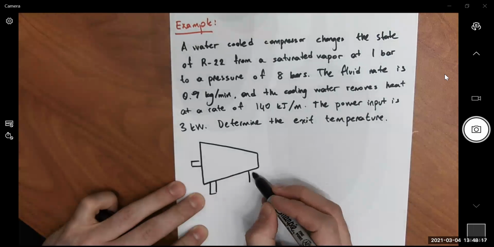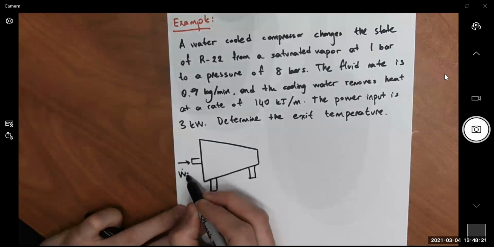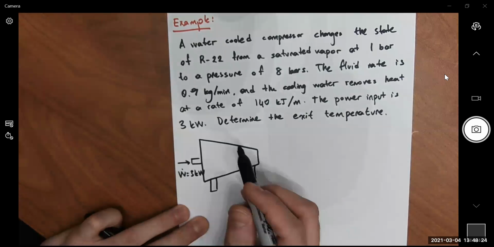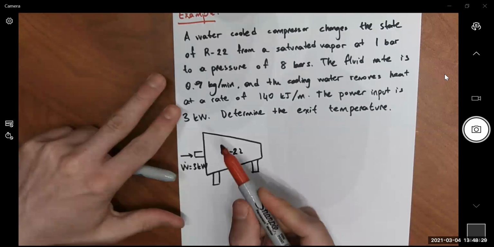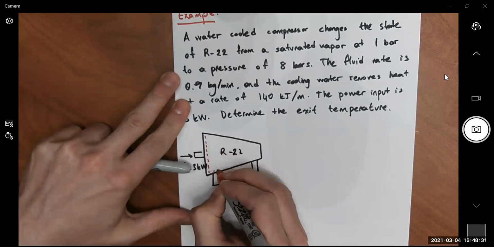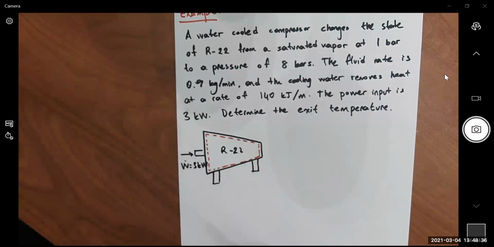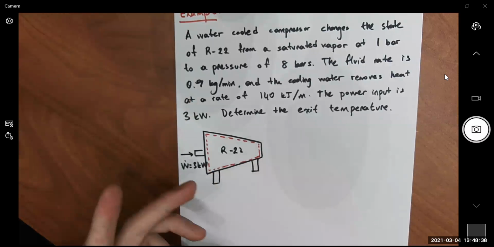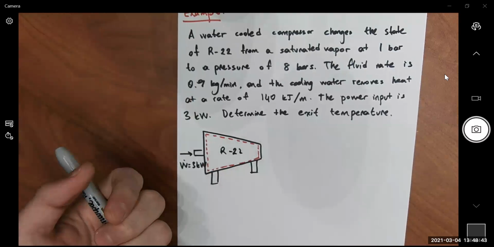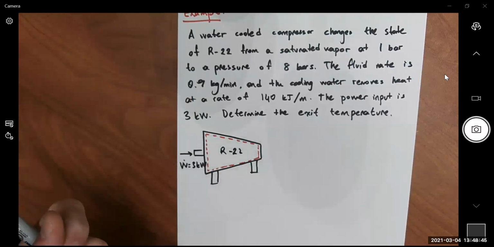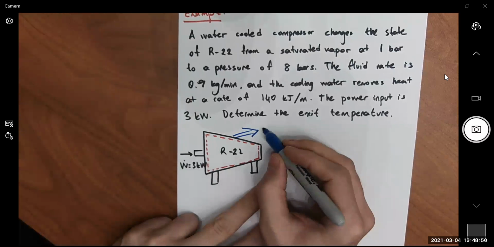Compressor with one inlet, one outlet. Work input is 3 kilowatts. Operates with refrigerant 22. And it's cooled down, right?